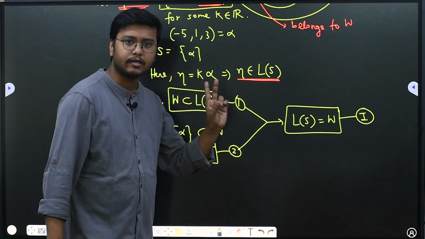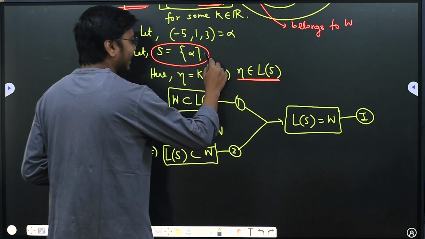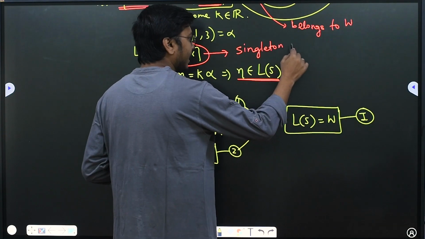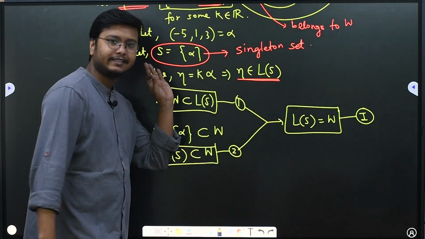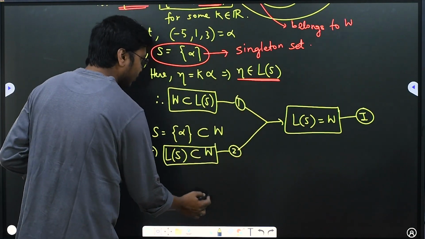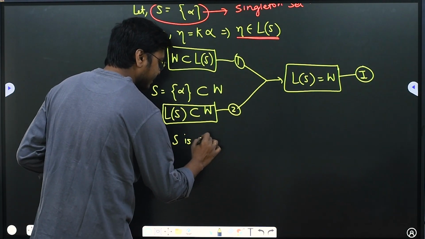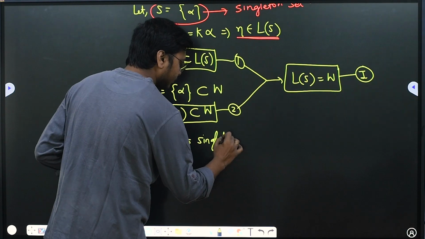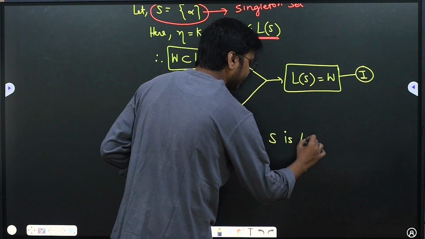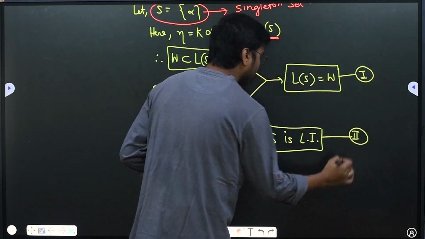And now the second criteria was linear independence. As you can see, S contains only one element, that means S is a singleton set, right? And we know that every singleton set is definitely linearly independent. Okay, so since S is a singleton set, this implies S is linearly independent, and this becomes criteria number 2 for basis.